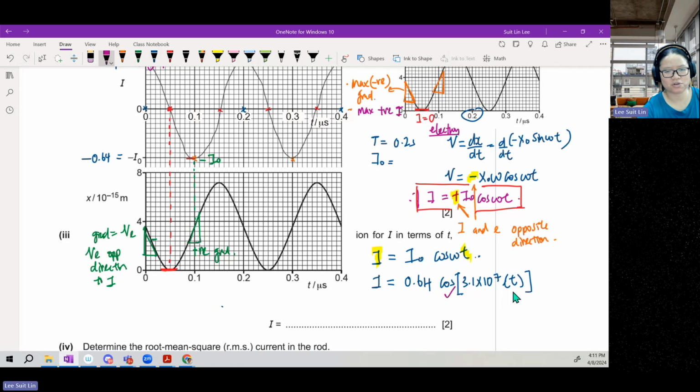So if I see cos omega t, I get 1 mark. The second mark is when this answer is correct, following from your answer in A part 2. No, this is your answer in B part 1, this is your answer in A part 2. The so-called ECF.